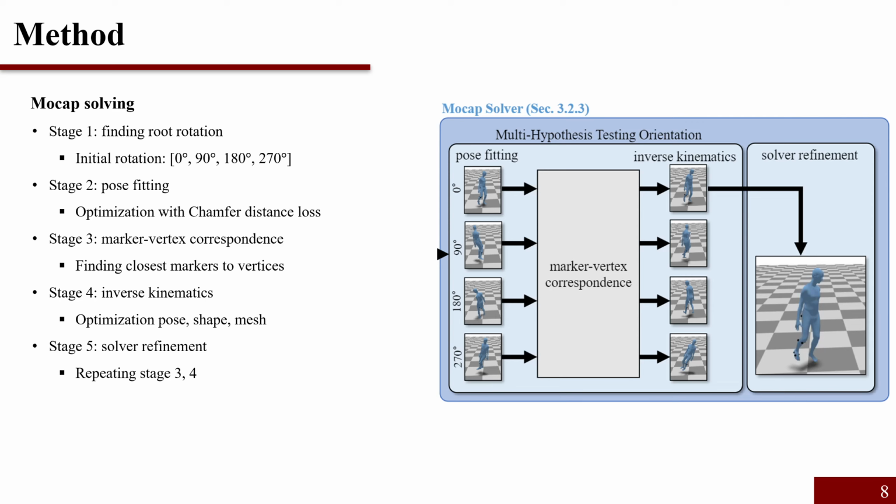Stage 2 is force fitting, and the root rotation is optimized from the initial values independently: 0, 90, 180, and 270, each root rotation optimized.